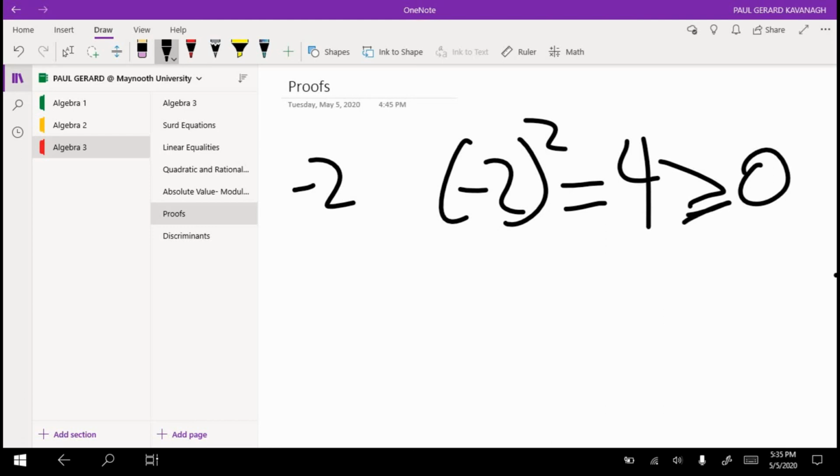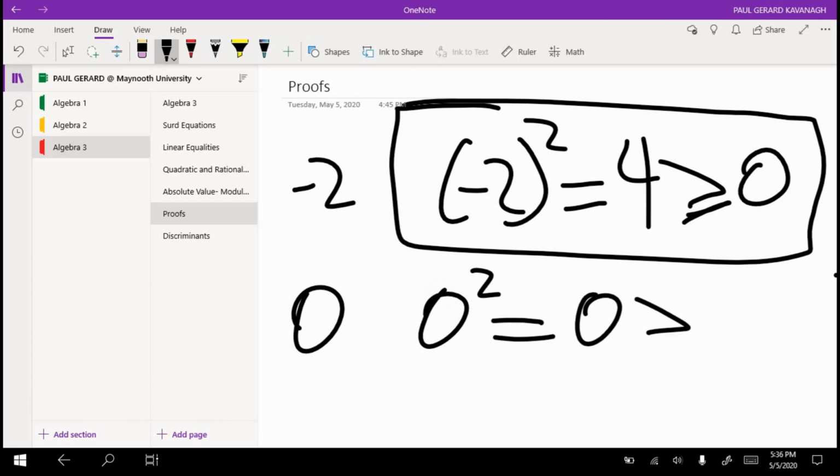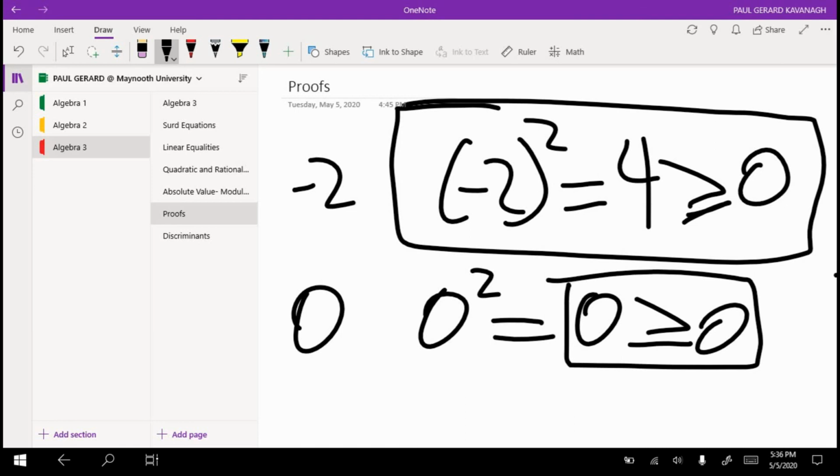You know that 4 is greater than 0, not greater than or equal to 0, so it is going to be false. Another one is just a neutral number, so 0. If you square 0, that's going to be 0 greater than or equal to 0. This is true because 0 can be greater or equal to 0. So you would say that, okay, this is correct.